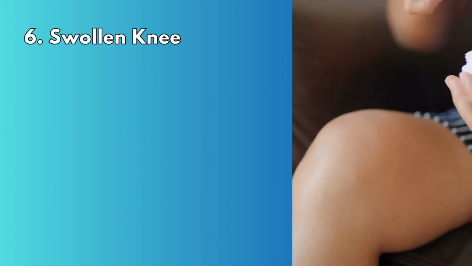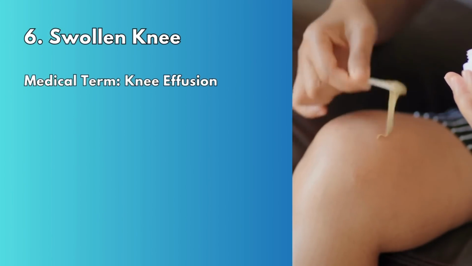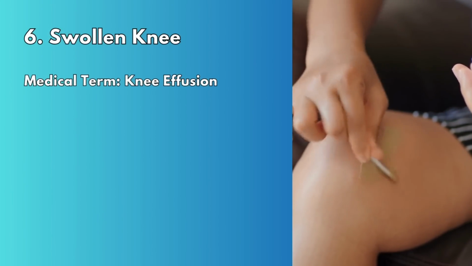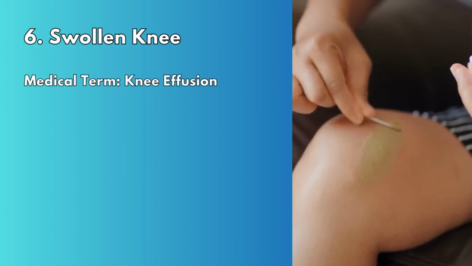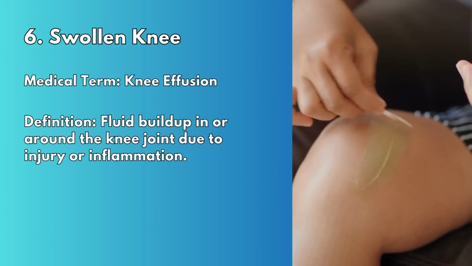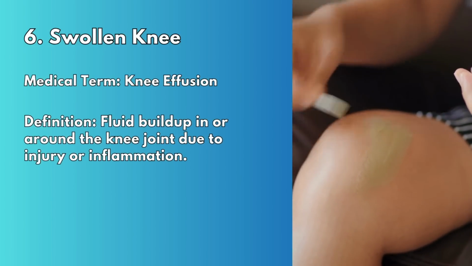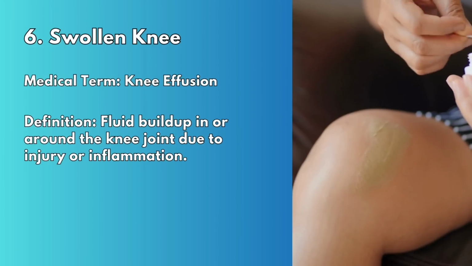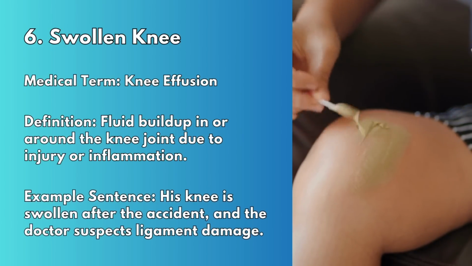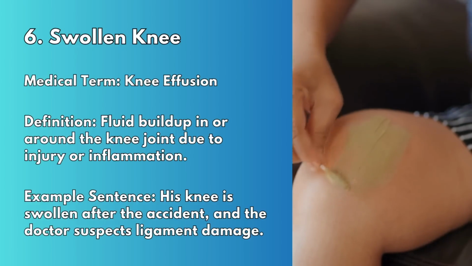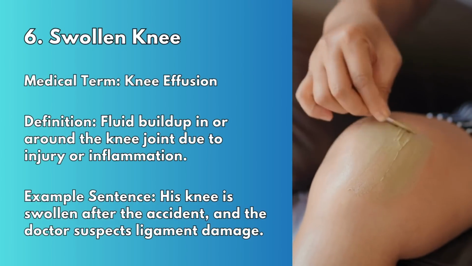Our next condition is a swollen knee. In medical terminology, this is known as a knee effusion. It is a fluid buildup in or around the knee joint due to injury or inflammation. His knee is swollen after the accident, and the doctor suspects ligament damage.